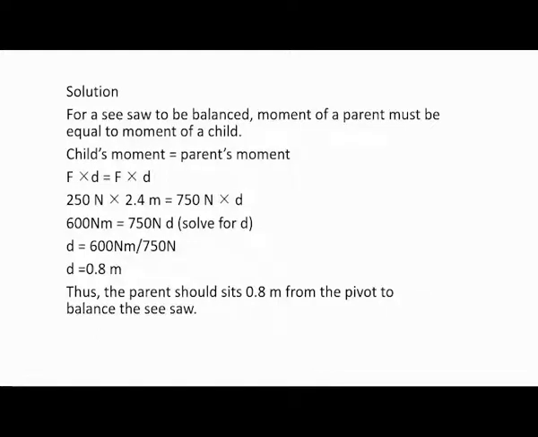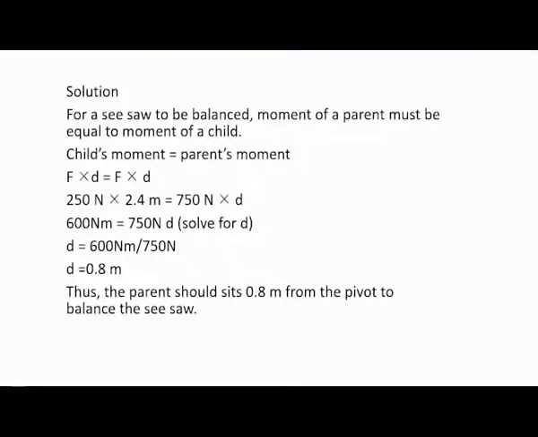Then we write down the formula for moment on both sides. Then we substitute the given information. For the child, the force and the distance are there, so we substitute 250 Newton multiplied by 2.4 meter, equal to the force of the parent, 750 Newton, multiplied by the distance, but the distance is not known. So d will remain an unknown. Then we solve for d.